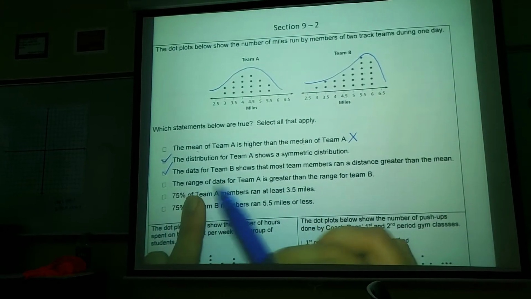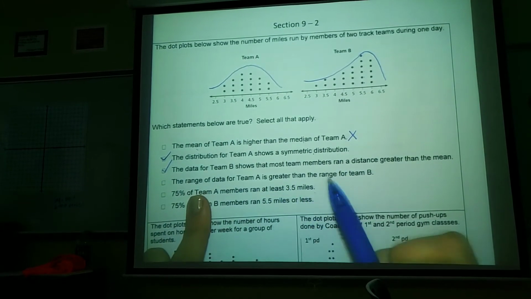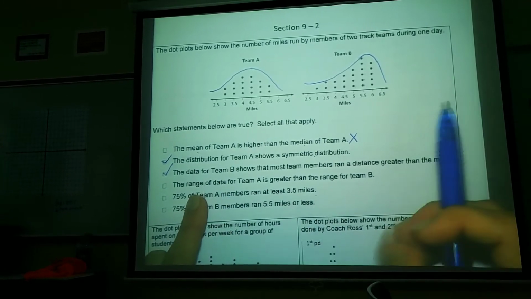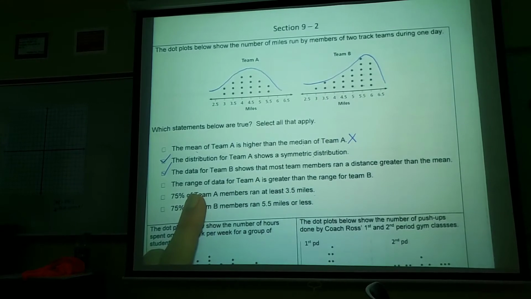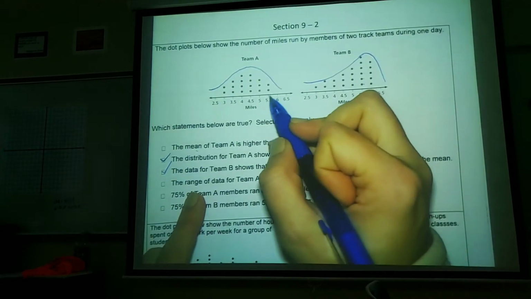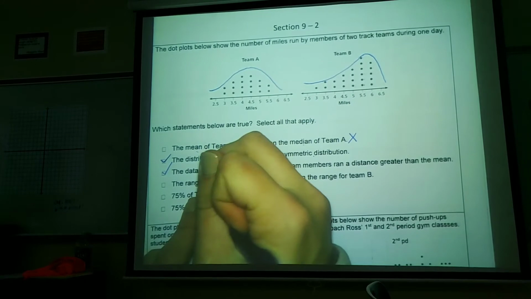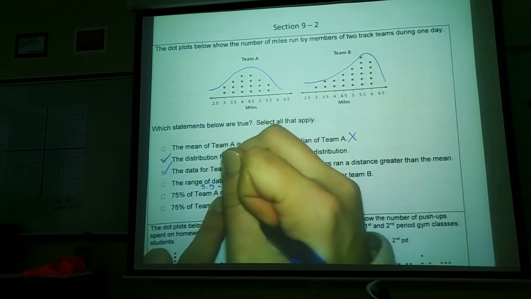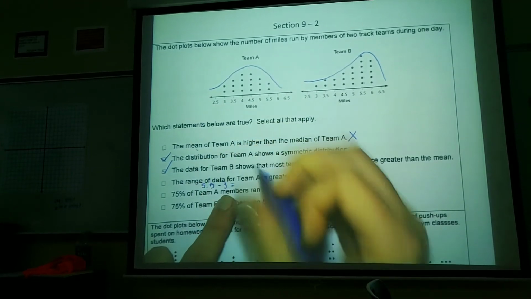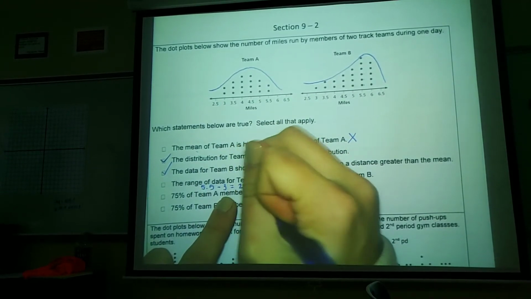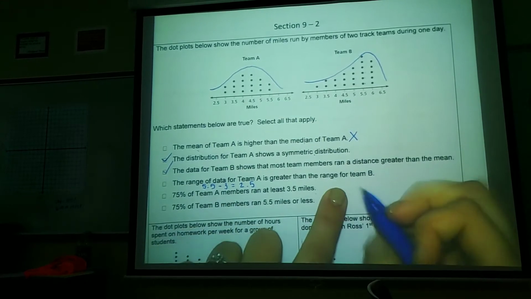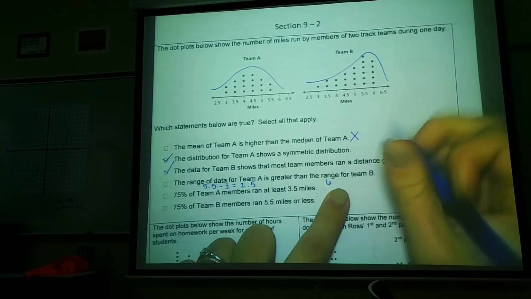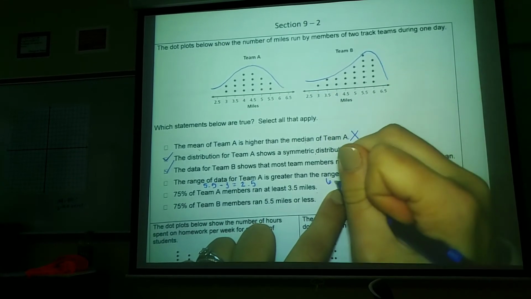Now it says the range of data for team A is greater than the range for team B. So range is when we have the biggest number and we subtract the smallest number. So if we do that for the very first one, the biggest data value we see for team A is 5.5, and I'm going to subtract the smallest data value, which is 3. 5.5 minus 3 gives me 2.5 for my range for team A. Let's look at it for team B. The biggest number I see for team B is 6, and the smallest number I see is 3.